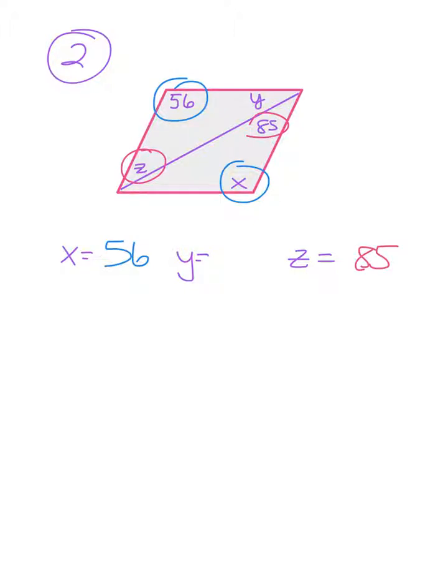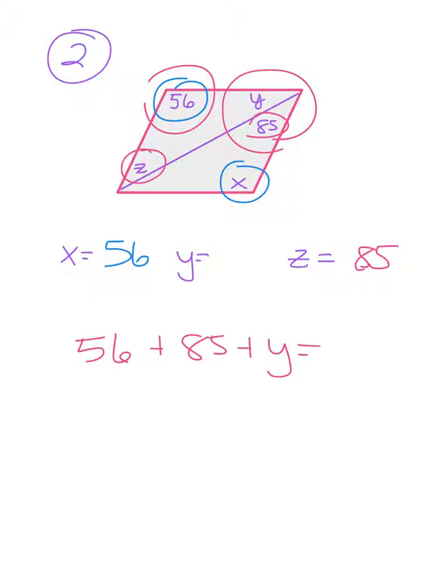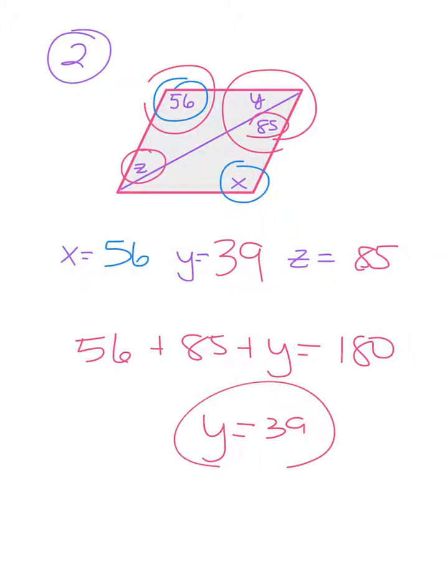And I also know that 56 and Y plus 85 gives me 180 because they're same side interior angles. So if I add those together, 56 plus 85 plus Y is equal to 180. And then if I solve, I have Y is equal to 39. So that's my measurement for Y.